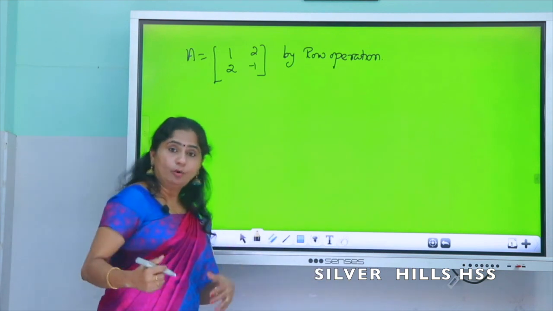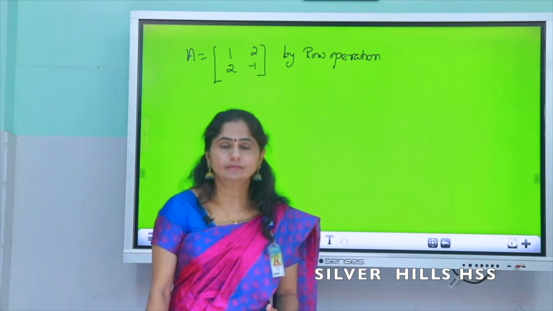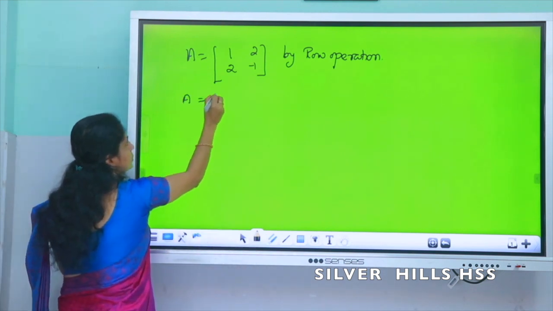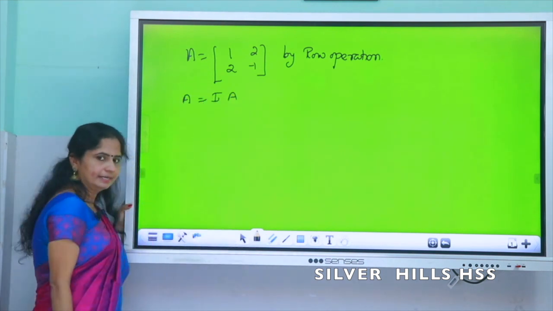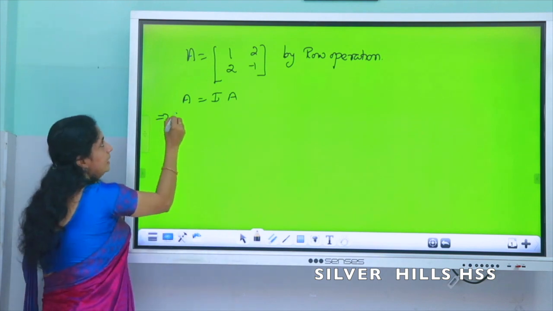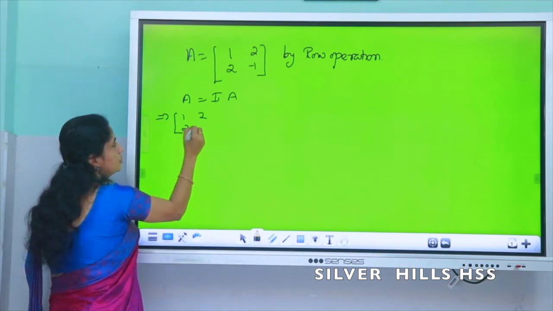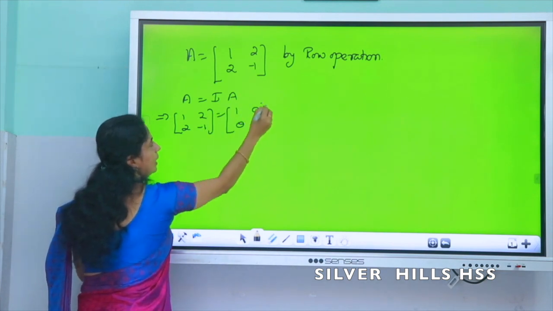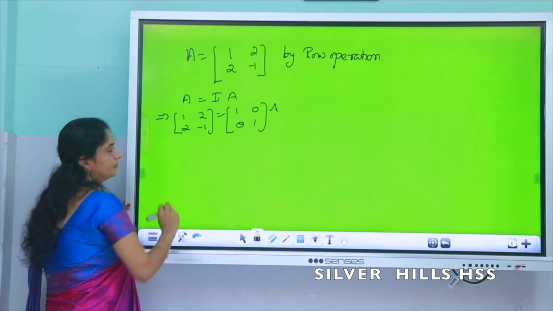So, when you are going to apply the row operation, the first step should be A is equal to IA, as said earlier. That is, A is 1, 2, 2, minus 1. I is 1, 0, 0, 1, into A.